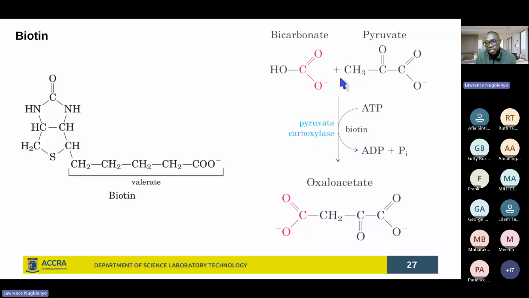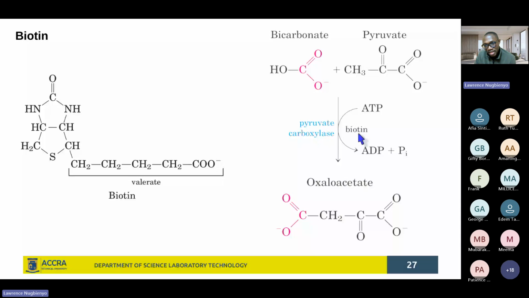So this COO group gets transferred onto pyruvate by pyruvate carboxylase. Some energy is used, ATP, and you see the coenzyme biotin. So the structure you were seeing for biotin is now being written here as just biotin, to show that biotin is the coenzyme.